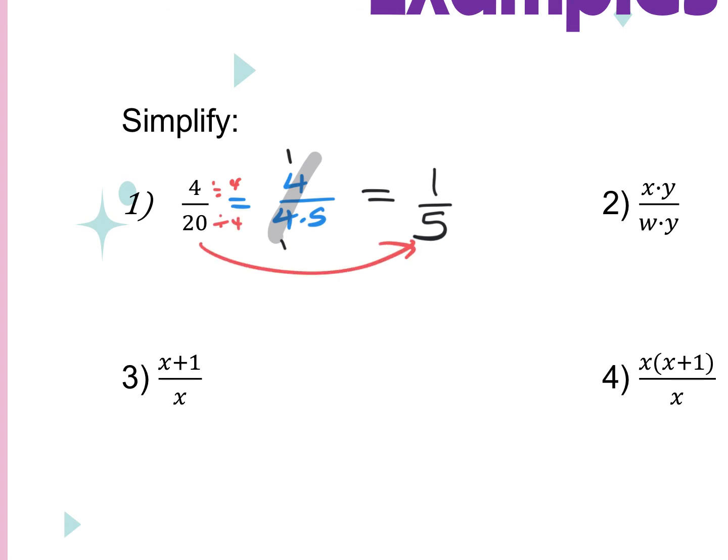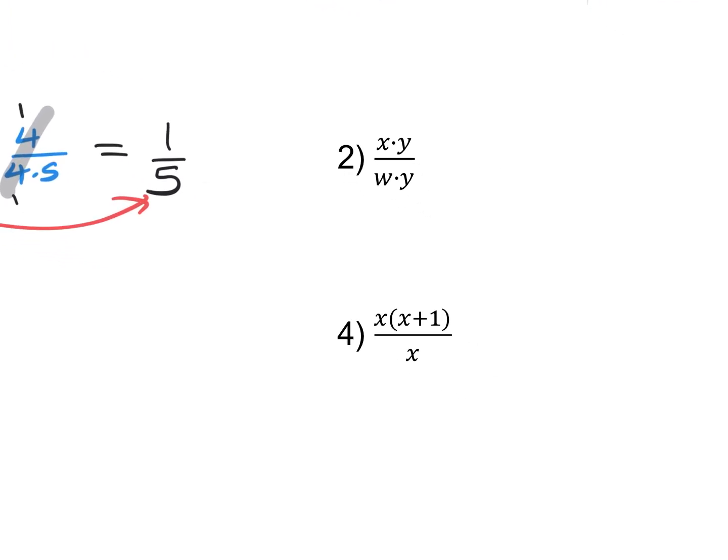Now for number 2, on this one, it's being multiplied. So when it's being multiplied, I can cancel variables. But if this was x plus y over w plus y, I would not be able to cancel anything. So there's no plus or minus sign, so I can actually cancel the y's. So I can simplify, and these become 1's.